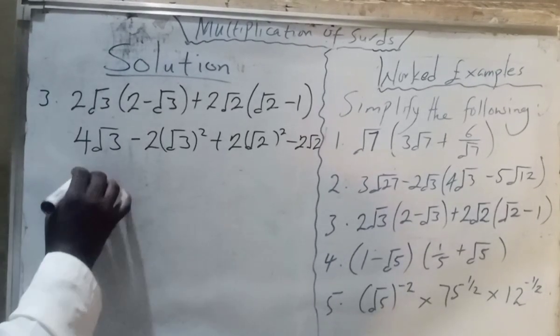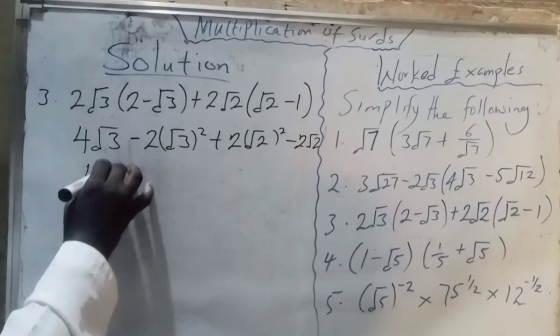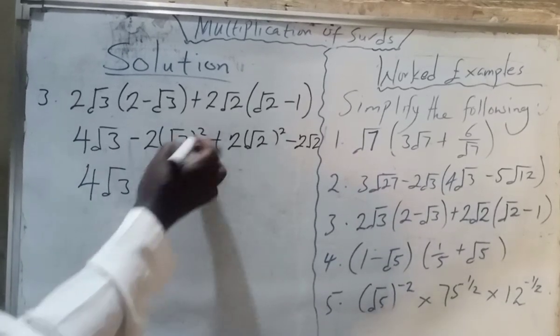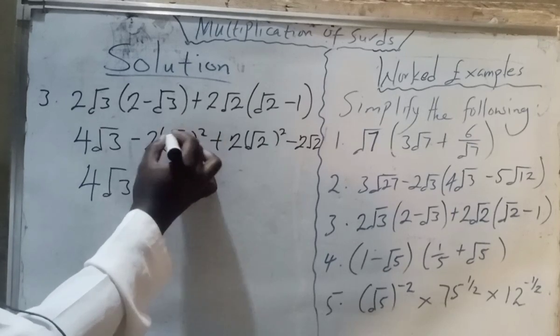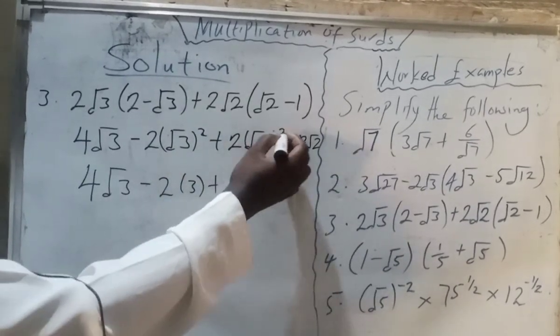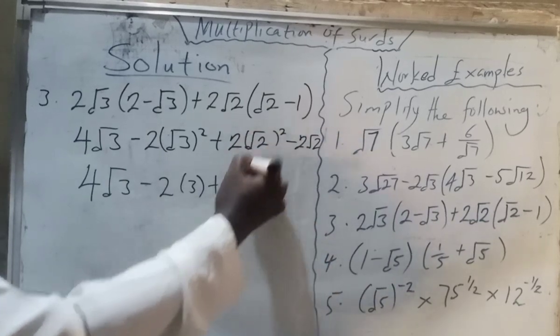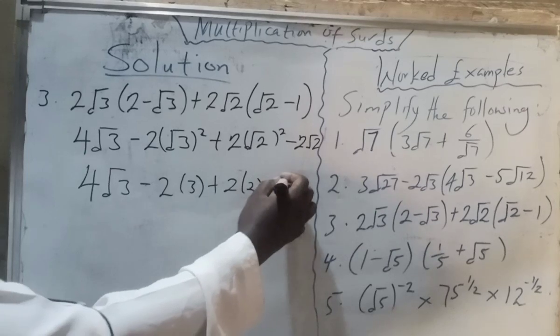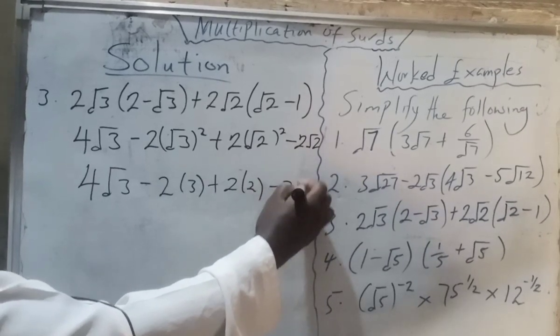So simplifying this, we have 4 root 3 minus 2. This root square will cancel the root, leaving 3, plus same thing will be done here. So square will cancel root, leaving 2 multiplied by 2 minus 2 root 2.